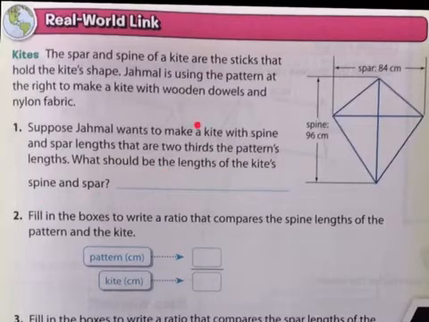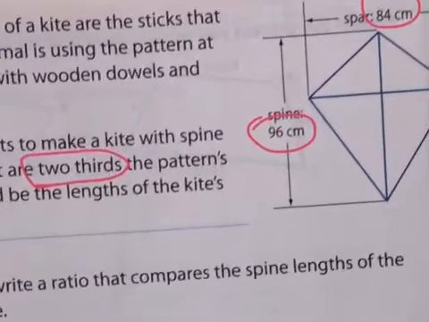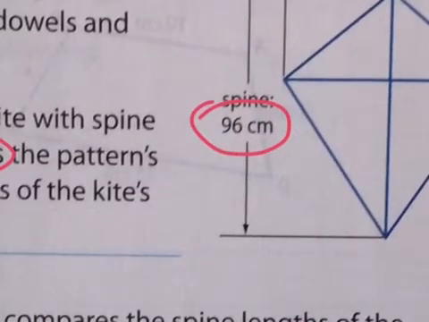So we're looking for 2/3. Okay, I hope you picked up on that. We're looking for 2/3 of this number and 2/3 of this number. In order for us to find out what 2/3 of these numbers are, we have to know what we get when we divide these numbers by 3. If I divide 96 by 3, it is 32.